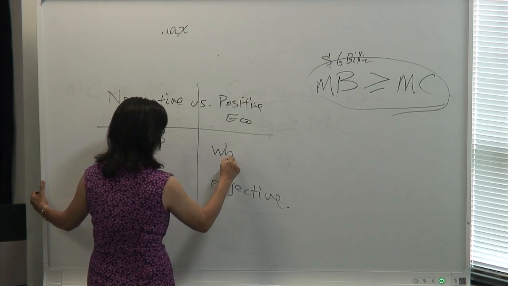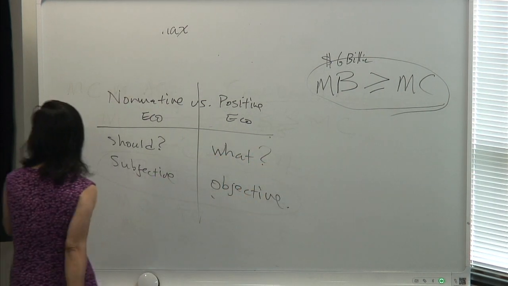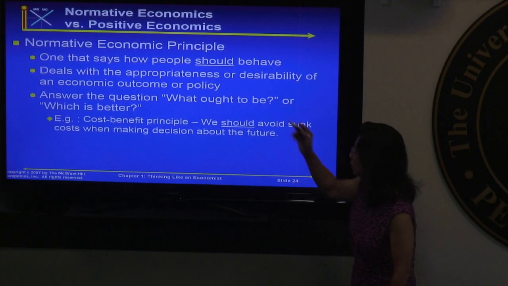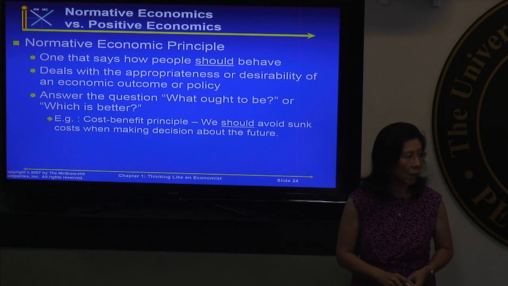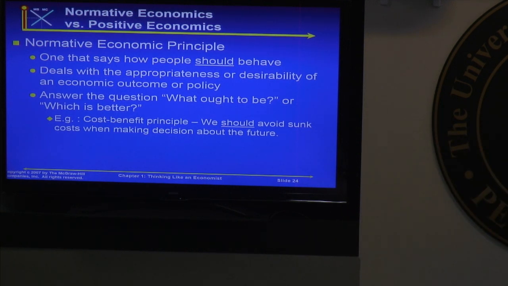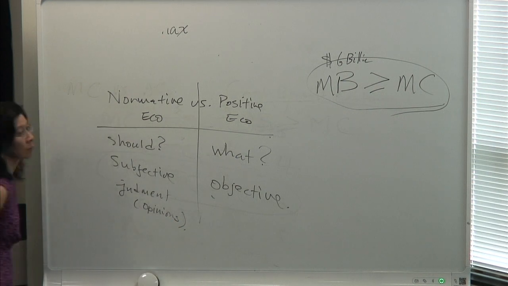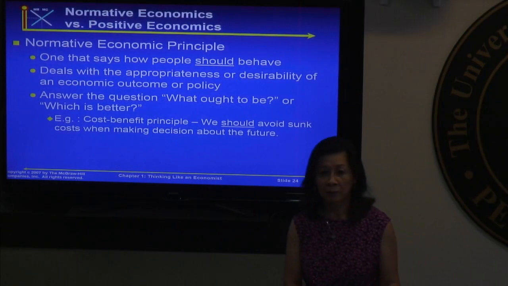And this one would say what? Okay, there it is. It deals with appropriateness or desirability of an economic outcome or policy. In other words, you have some sort of subjective judgment, or to some extent, opinion. We should increase the tax by 0.25%.